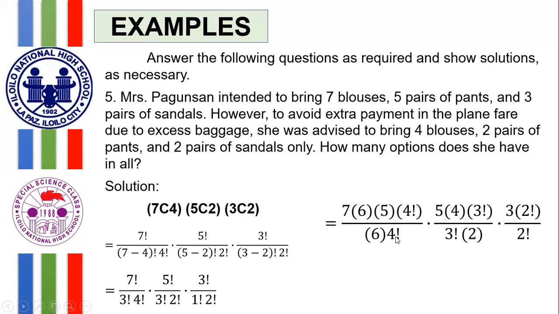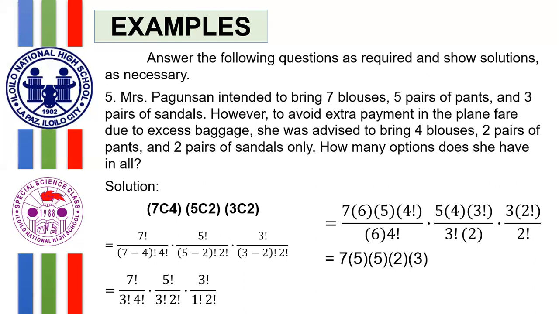Then I just copy the 4 factorial. For the second one, the highest factorial is 3, so I have to stop with 3 factorial in the numerator. So I have here 5 times 4 times 3 factorial, and this one I just copied. Then the 2 factorial here is just 2. For the last one, we have 3 times 2 factorial over 2 factorial.